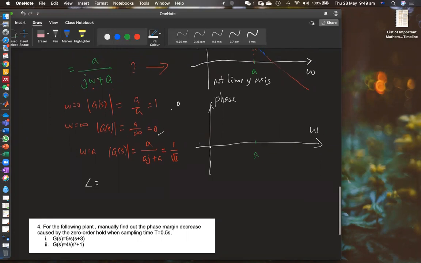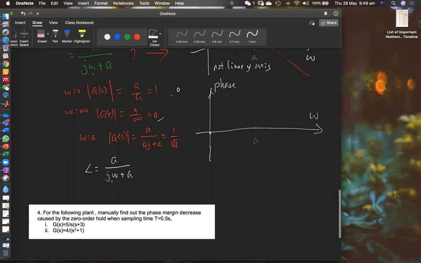Anybody knows how to get the phase of this? Let me do this. A over J omega plus A. So to do the phase, because the imaginary part is at the bottom, it's confusing, right? So what do we do?